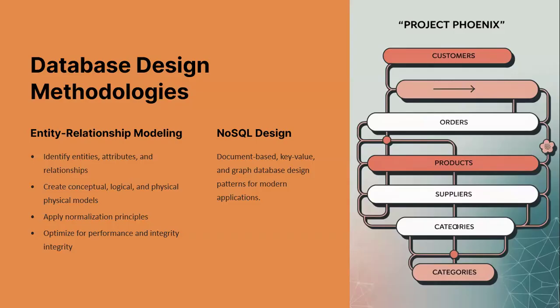Like if you look at the diagram, the Project Phoenix, you have the customers, it goes down to orders, it goes down to products. When you order something, a key from the product will go to the order to show that this was what was ordered. That key in order becomes a secondary key, but in product, it is a primary key. And if a customer should buy, in orders, even the customer ID becomes the secondary key in orders, but it is a primary key in the customer table.